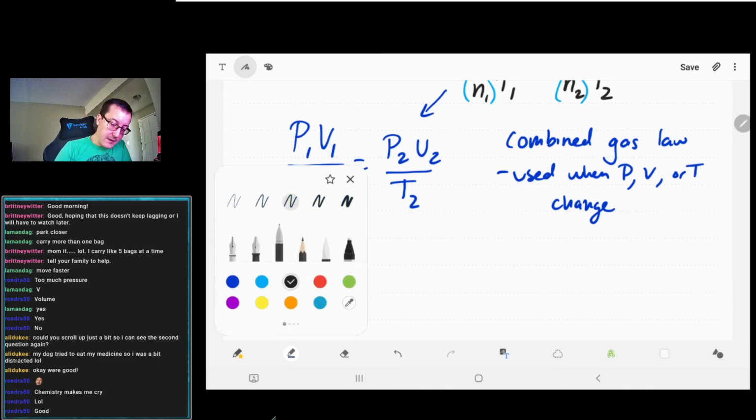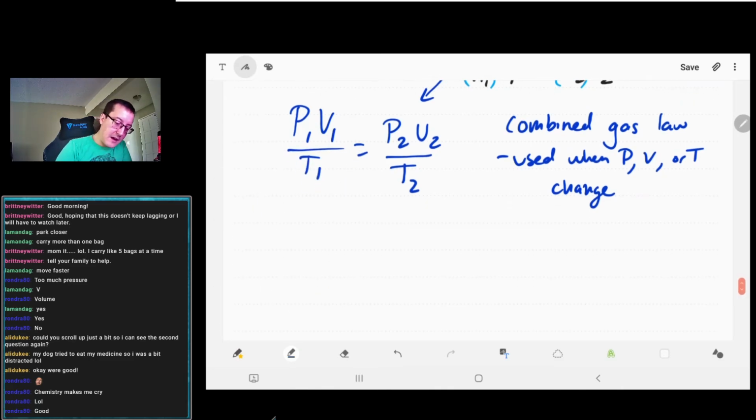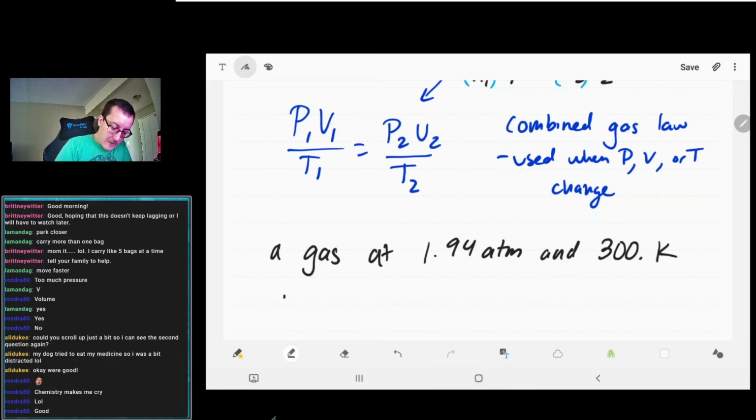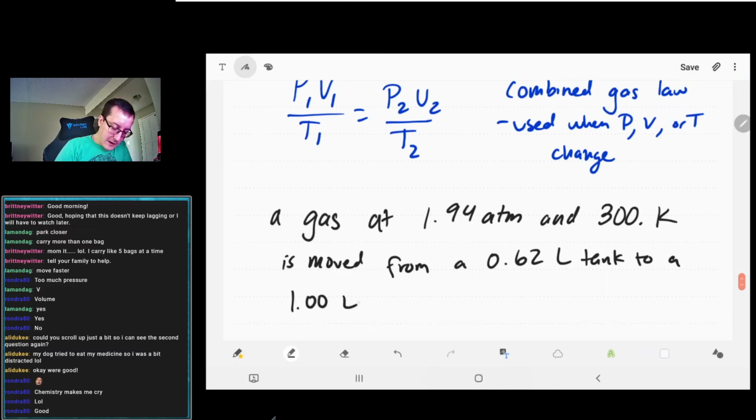So something that you would use this for would be, say, a gas at 1.94 atmospheres and 300 Kelvin is moved from a 0.62 liter tank to a 1 liter tank at the same temperature.